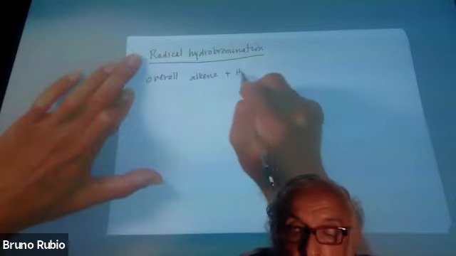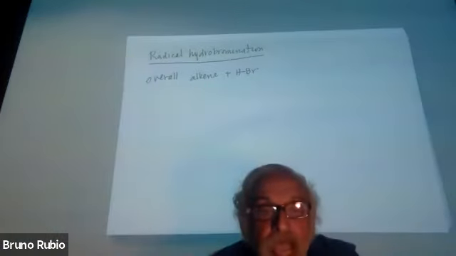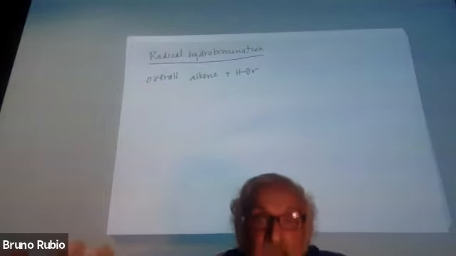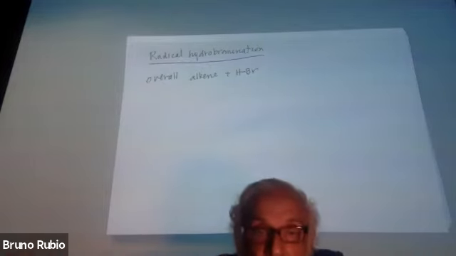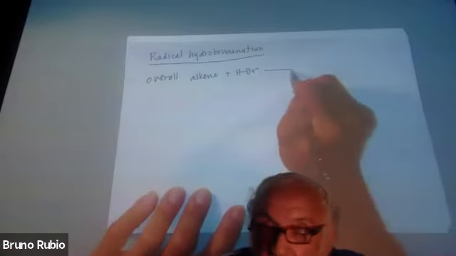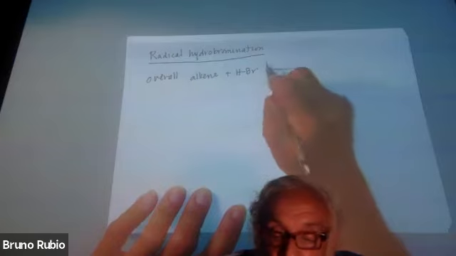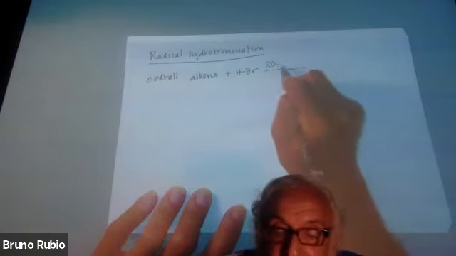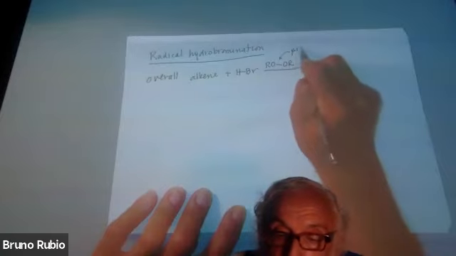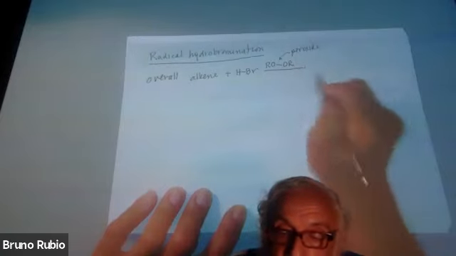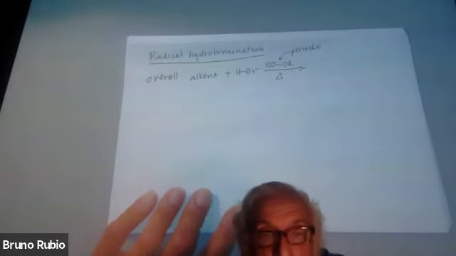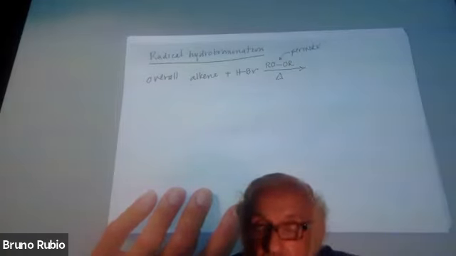Alkene plus HBr, and this reaction doesn't work with HCl or HF or HI, so don't be making up your own reactions. It's an alkene plus HBr. There is a radical initiator here, a peroxide, right? This guy here is called a peroxide. For those of you who are taking the lab, you saw benzoyl peroxide, so we're going to talk about that.